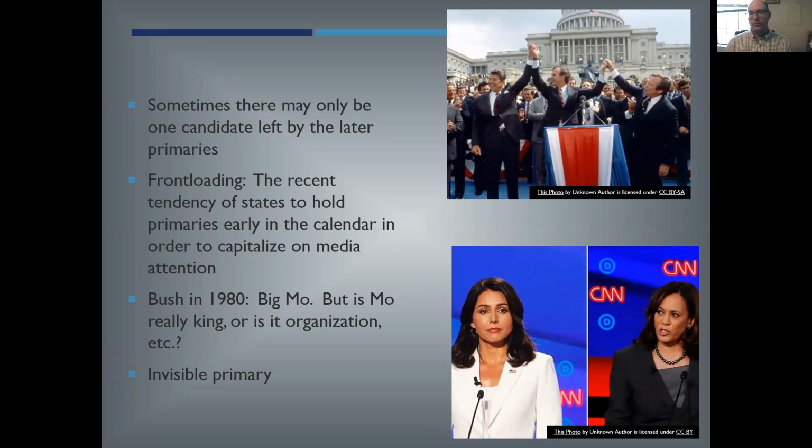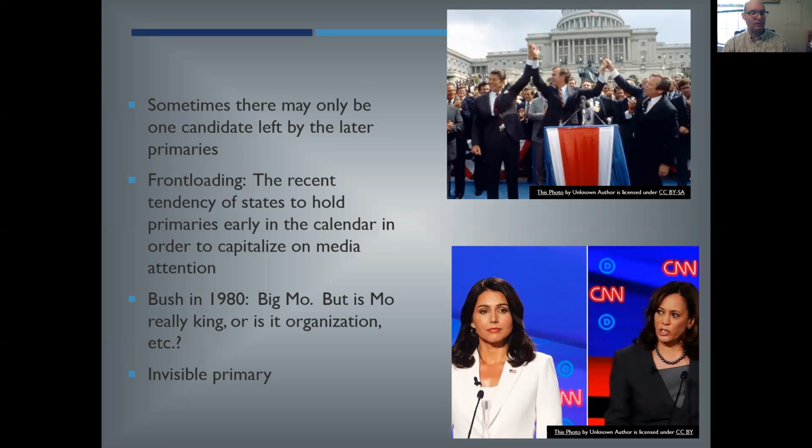Not quite as true recently. Joe Biden in particular won the nomination in 2020 despite having relatively little organization. Had a lot of name recognition, obviously, because he had been Barack Obama's vice president, but did not have the organization or the funding. Some of the other candidates did, but he was able to carry through and win. Donald Trump had relatively little organization compared to some of these other candidates, spent relatively little money compared to some of them in 2016 and was successful.